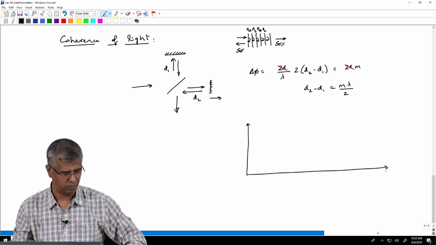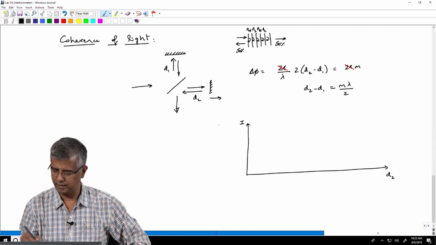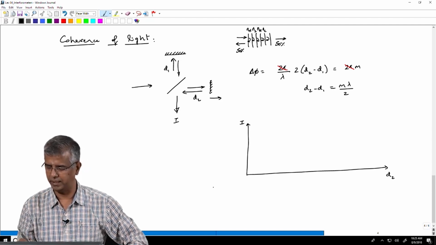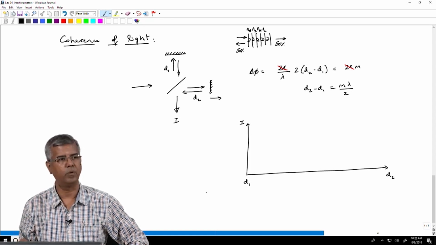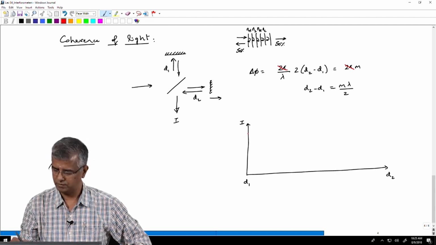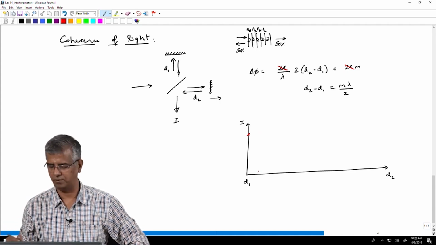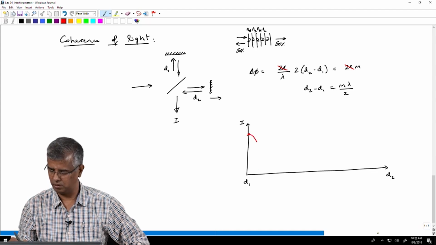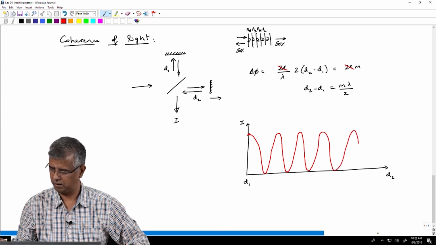I am plotting d2 and I am plotting the intensity of light that I get over here, and what do you see if I start from d1, right? What do I get to see? At that point it is maximum, right, because the phase difference is 0, and then it is going to go through maxima, minima, maxima, minima, and so on, right.